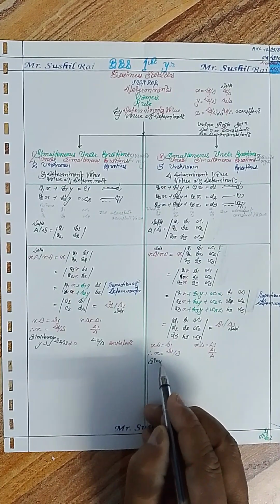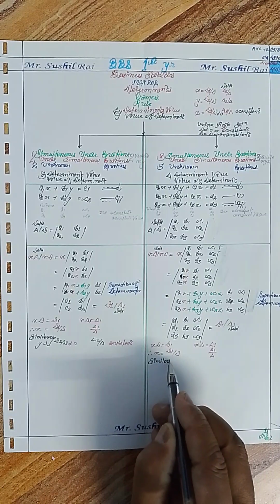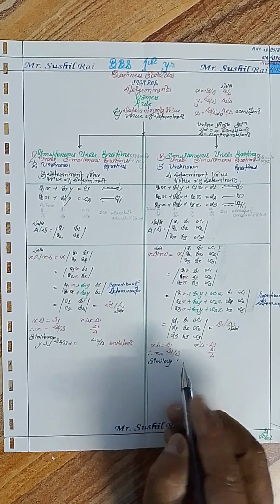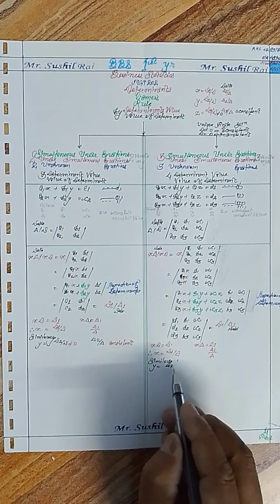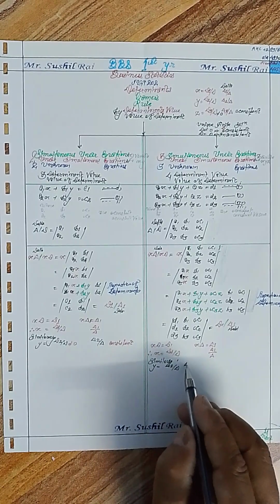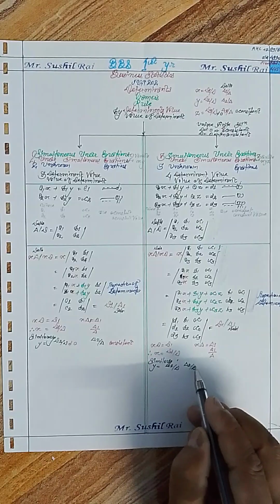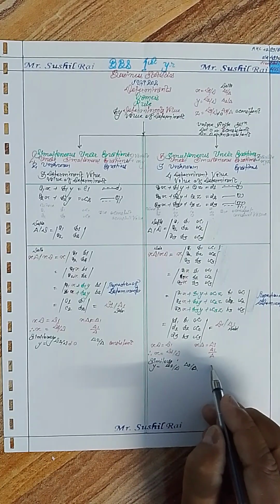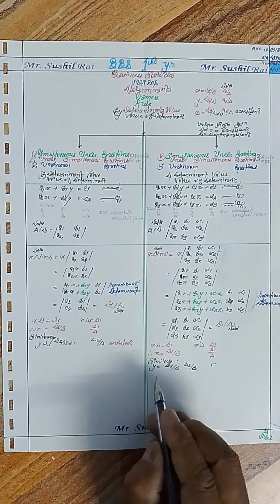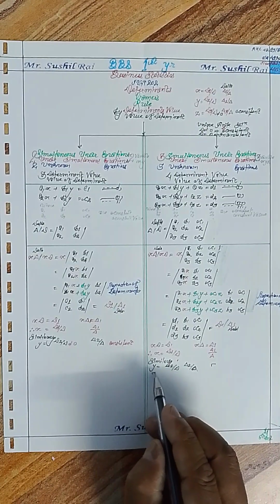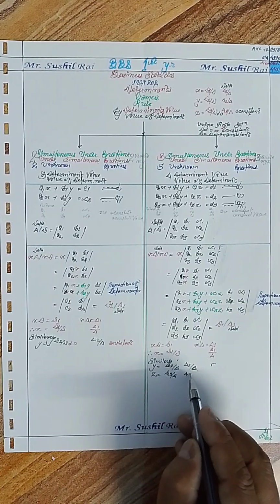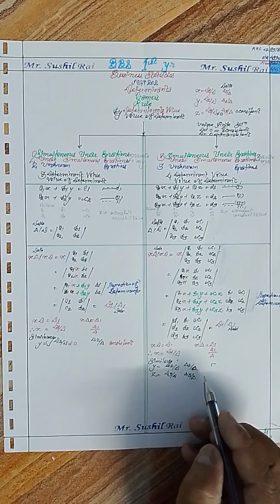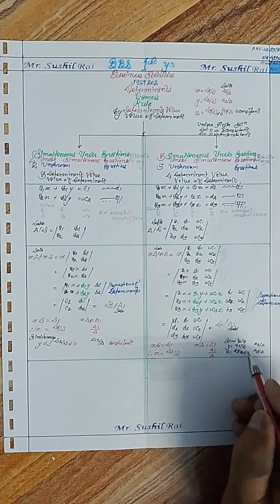Similarly, y is equal to D2 by D, delta 2 by delta. z is equal to D3 by D, delta 3 by delta. D is not equal to 0, consistent.